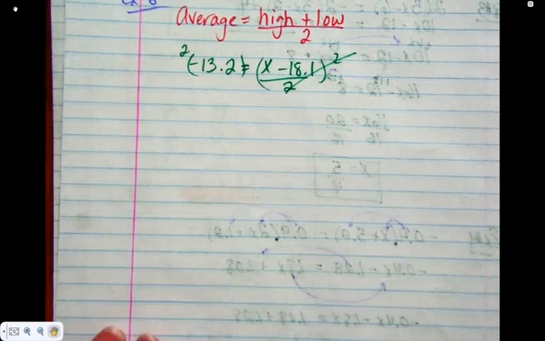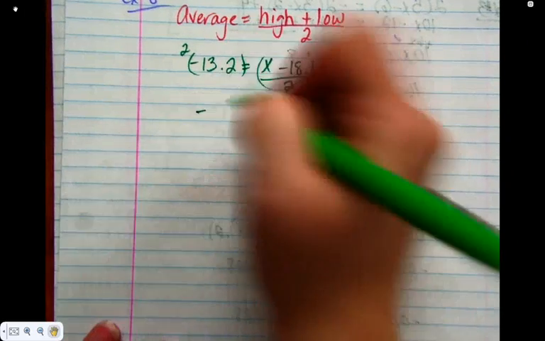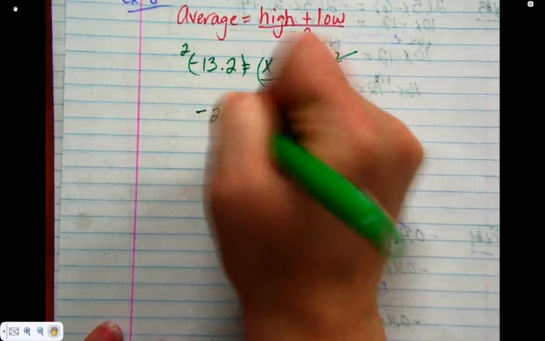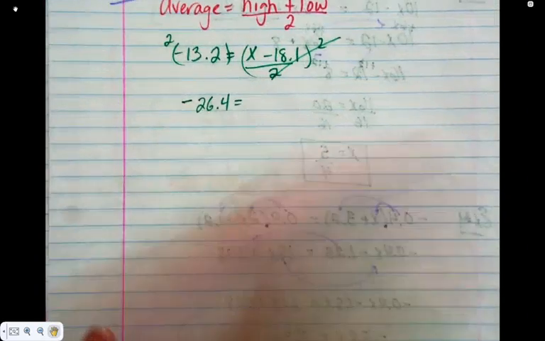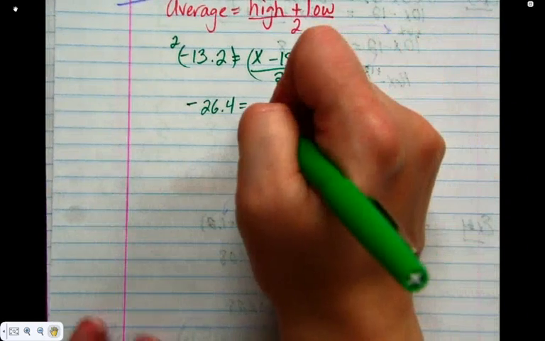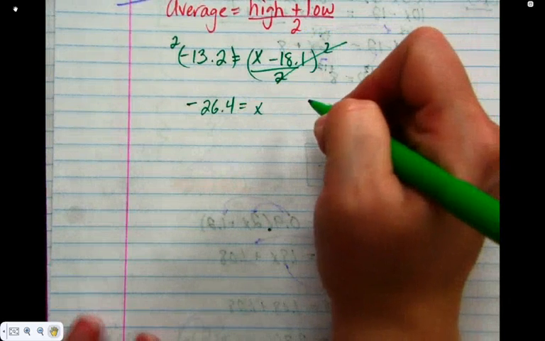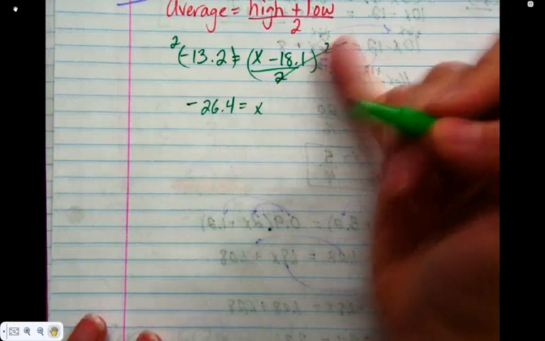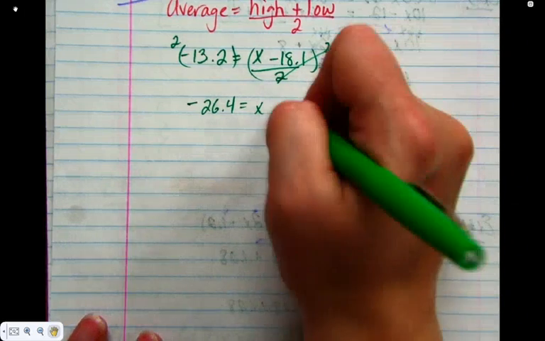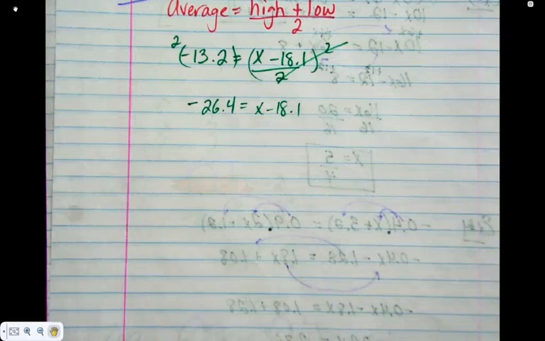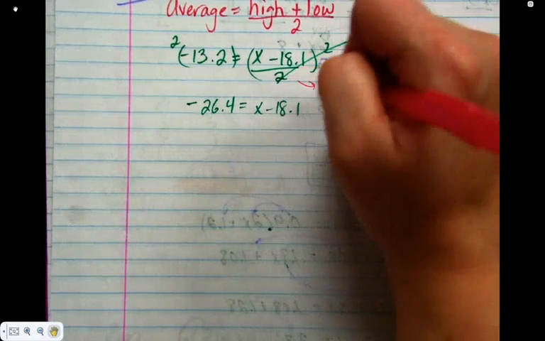Offer for the left-hand side. Negative 26.4. Confirmation. What's on the right? Careful, because that 2 canceled. Right, that was the point. Minus 18.1. So I'm just going to make a note: canceled.